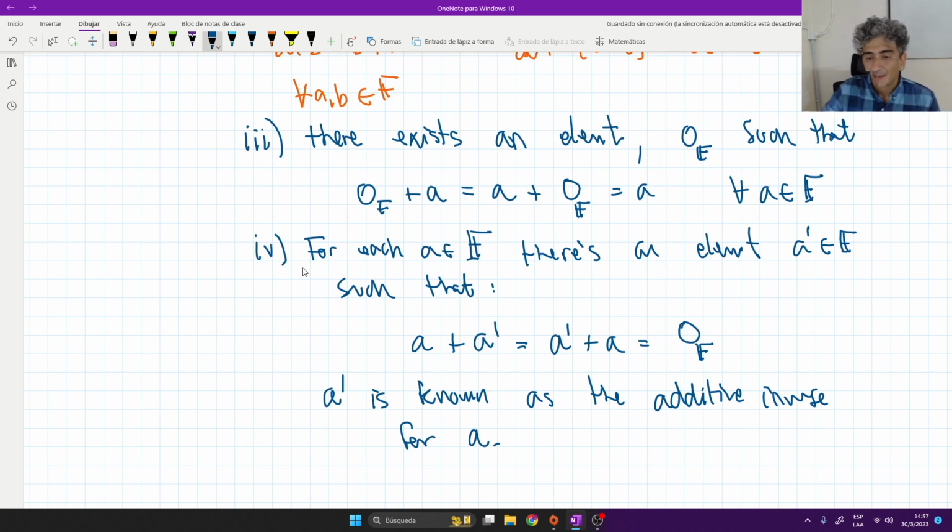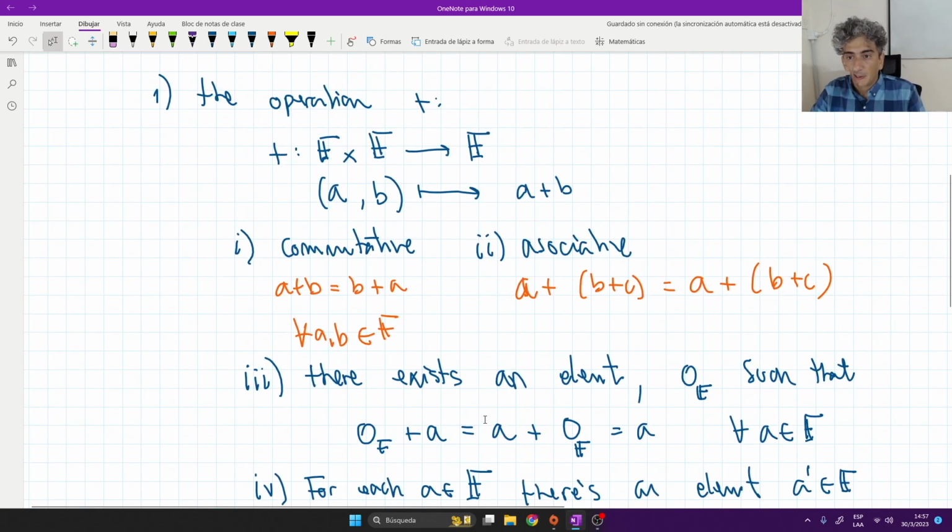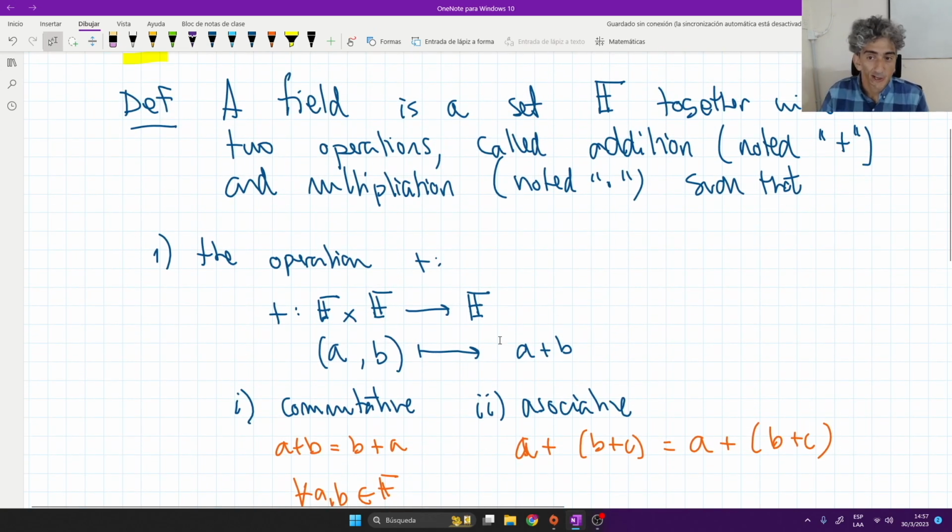Right, so this is like the first set of things that we need the operation plus to satisfy in order to have a field. Obviously, this operation that it's noted with a plus sign is actually mimicking all what the ordinary addition of numbers does.